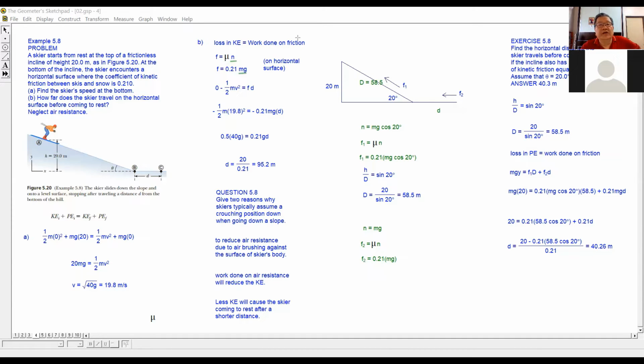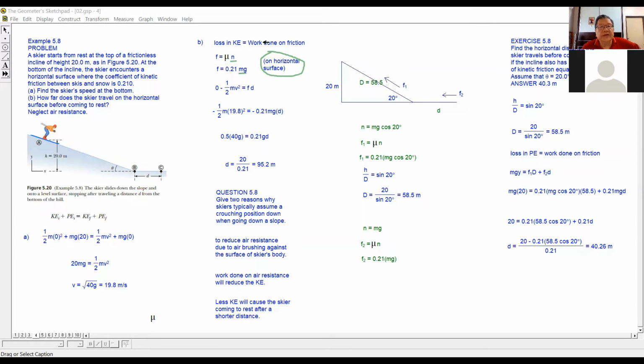This is true provided it is on the horizontal surface. When it is horizontal, the normal reaction is mg. So we are going to use this equation.